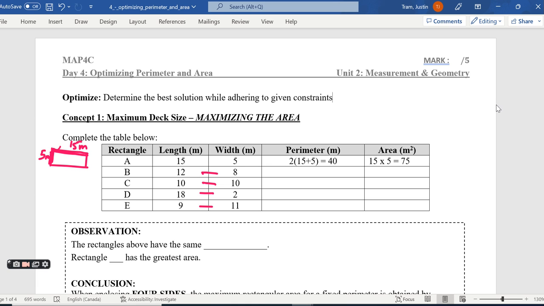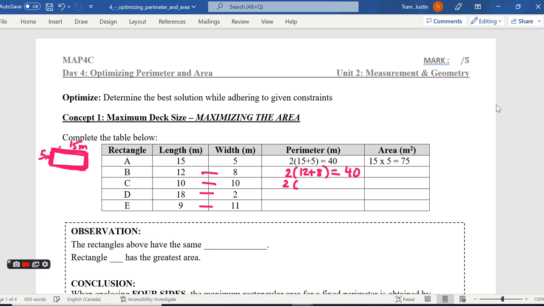Okay? What would be the perimeter of all these rectangles? Well, the first one's already done for you. 15 plus 5 is 20, times 2 is 40. That's our perimeter, the distance around, right? 15 plus 5 is 20, and there's four sides, sorry. So we're going to do the same thing here and see what the perimeter is. 2 times 12 plus 8 also gives me 40, because 12 plus 8 is 20, times 2 is 40.